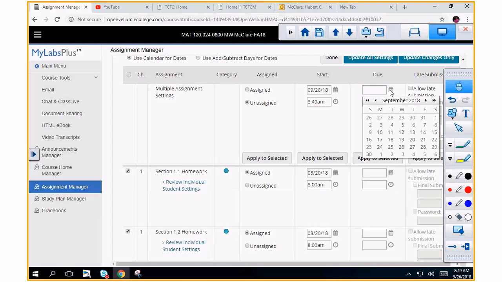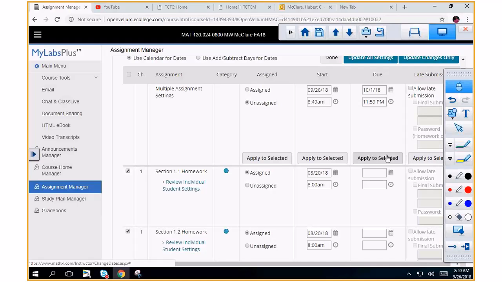So the meeting before, when is it? The 6th, the 4th, or what day? What's today? The 26th. Okay, where's September? There it is. So that means y'all don't come Friday. That means Monday is the last day for that. And update.